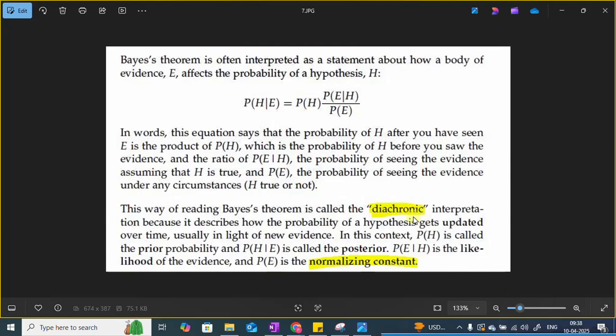Now here, instead of A and B, guys, I'm just taking two other notations, H and E. What is H? H is nothing but the hypothesis. E is nothing but evidence.